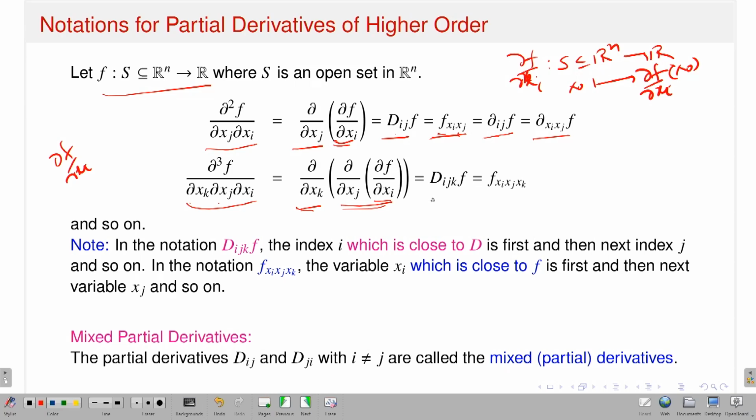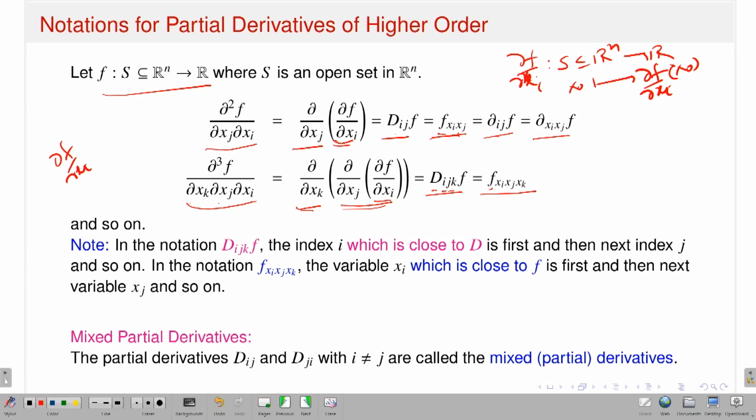If these things happen, then I take the notation D suffix ijk f. The index i is very near to D, that means first you perform the partial derivative of f with respect to the xi variable, then the partial derivative with respect to the xj variable, but of the function del f del xi.